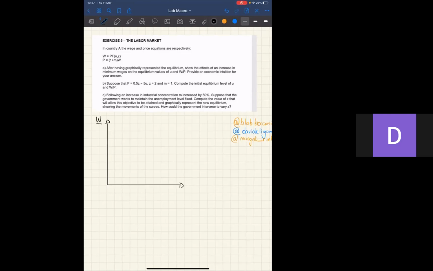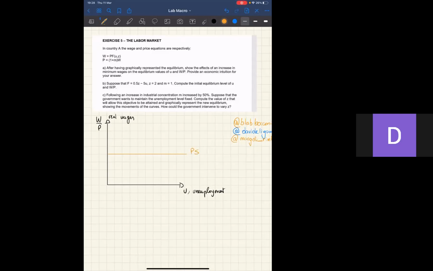So here we have our real wage, and here we have the x-axis, the unemployment, meaning that our two lines are going to be here.